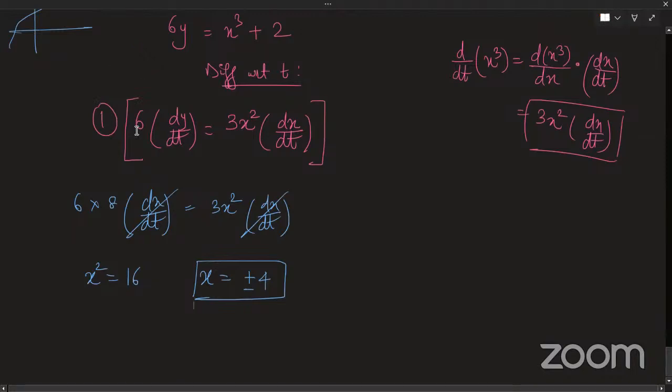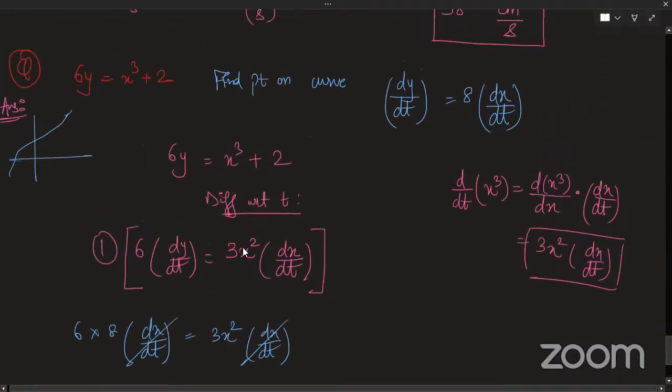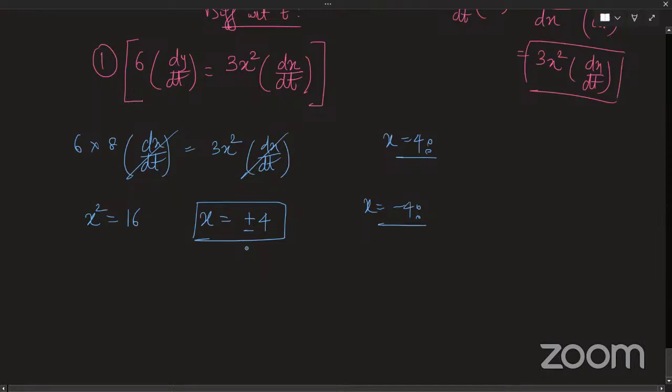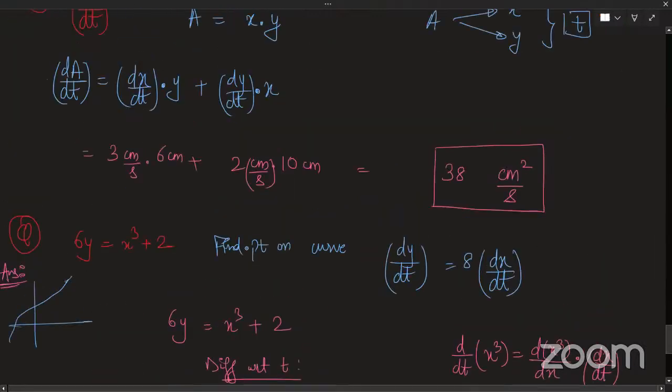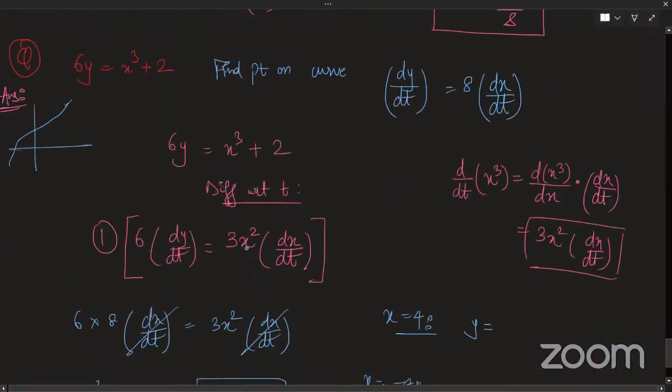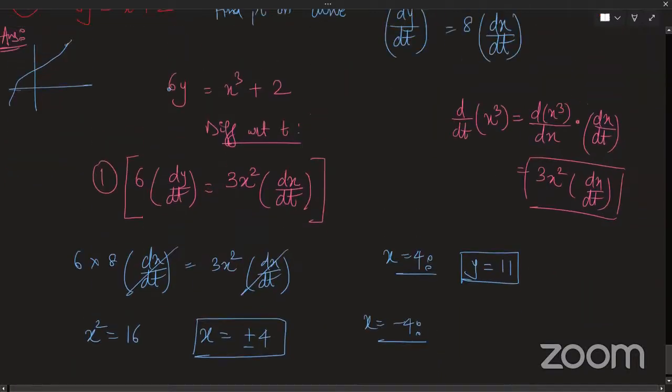If your value of x is plus minus 4, your first point will have the x coordinate x is equal to 4, and your second point will have x is equal to minus 4. Can you find out the y? When x is equal to 4, how much is y? 64 plus 2 is 66, divided by 6, so it is 11, right?